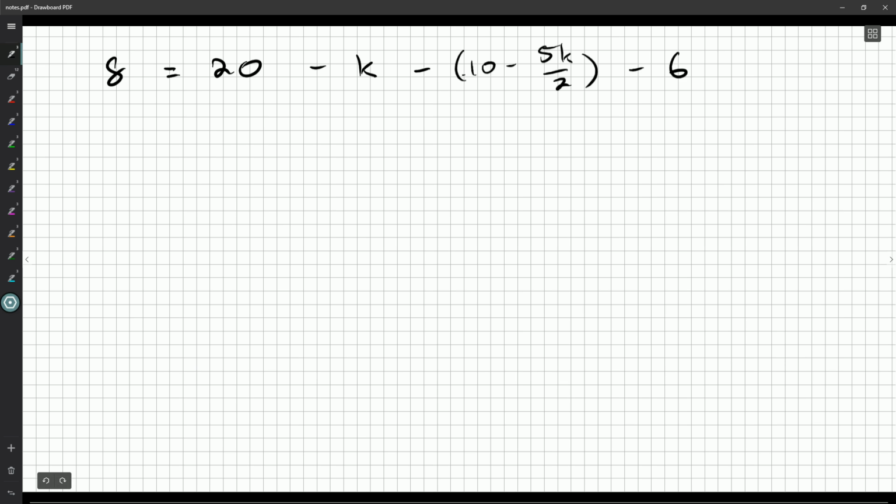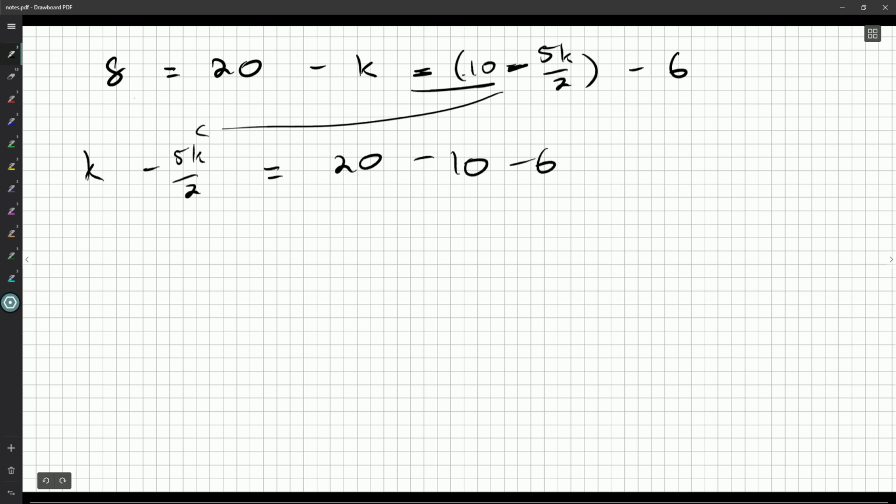So, okay, let's leave the constants on their side. So we'll have a K. Now we've got minus, minus, and we're bringing it over here. So it'll be another minus. Minus 5K over 2 is 20 minus 10 minus 6, and we bring the 8 over, so minus another 8.